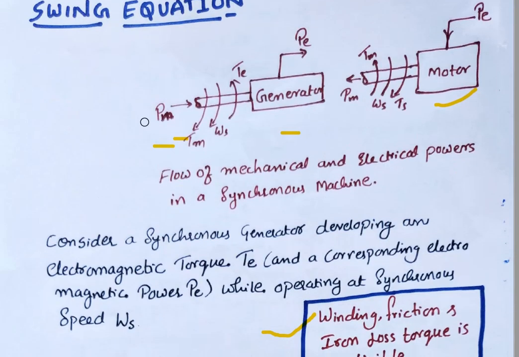Now let us assume that my input power is more, that my mechanical torque is more when compared with the electrical torque. That means if Tm is greater than Te, then your alpha, that is the difference, will be positive.